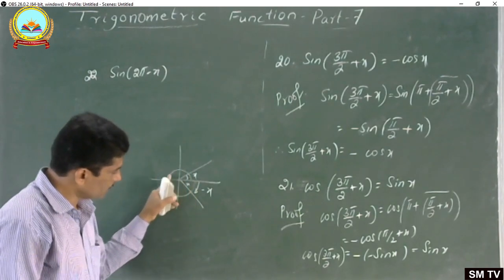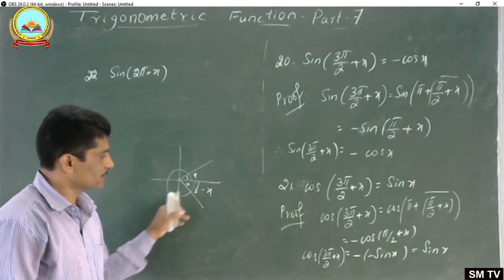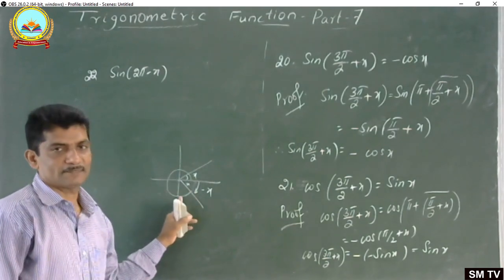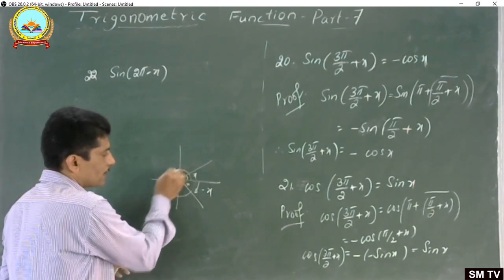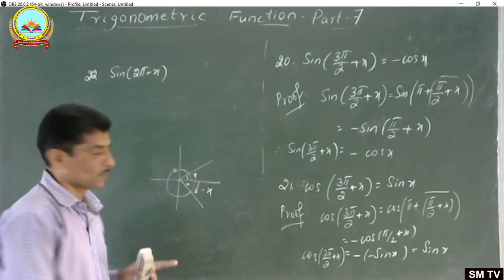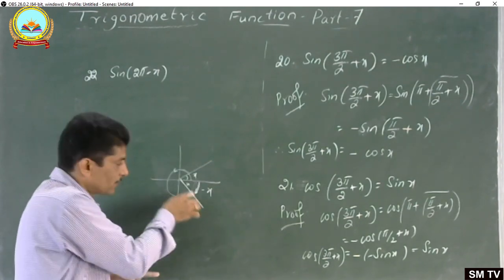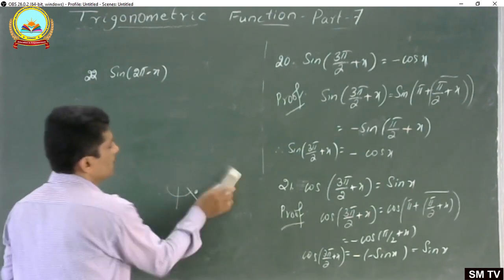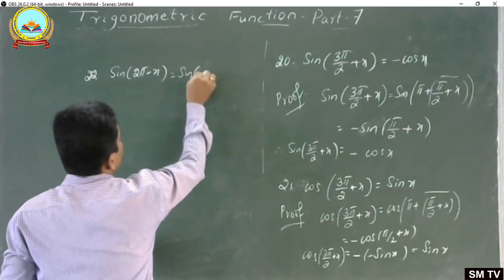In the positive, anti-clockwise direction, the total is 360 minus x. In the anti-clockwise direction, you can say this angle is equal to 360 minus x. Or in the clockwise direction, simply you can say that measuring clockwise, its value is equal to minus x. Therefore, sine of 2 pi minus x is simply sine of minus x.